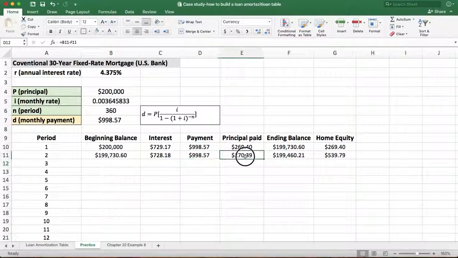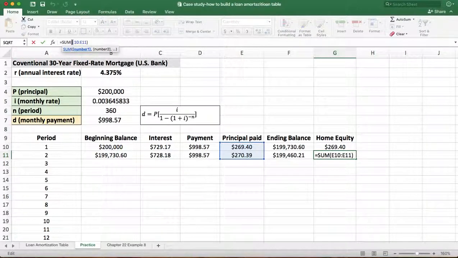Principal pay here. Okay. Ending balance, home equity: add up all the principal pay, always beginning from the first period.